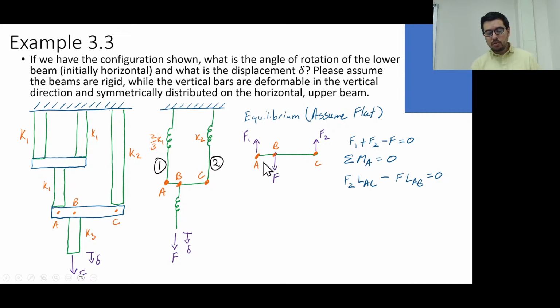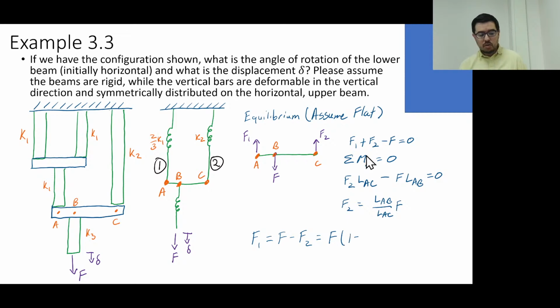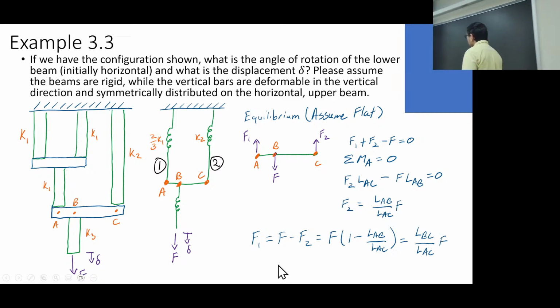So if we put an A or C, we don't have one of those unknowns there. So now we can write out the relationship between F2 up here and this F. And if we go back to this equation up here, we can write out now a relationship between F1 and F. Okay, so there we go. Just using equilibrium.